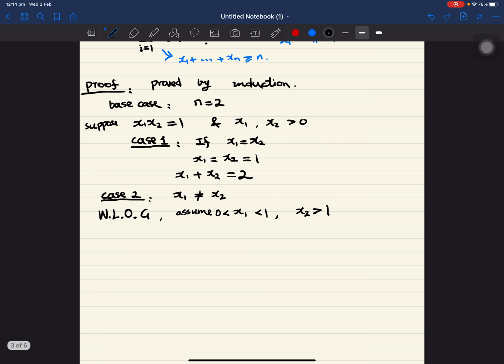Then we have 1 minus x1 times x2 minus 1 is some number greater than 0, because 1 minus x1 is greater than 0, and x2 minus 1 is also greater than 0.